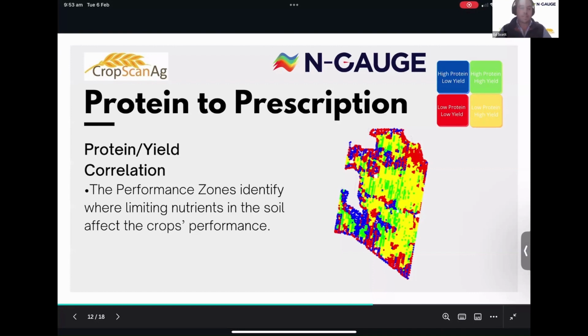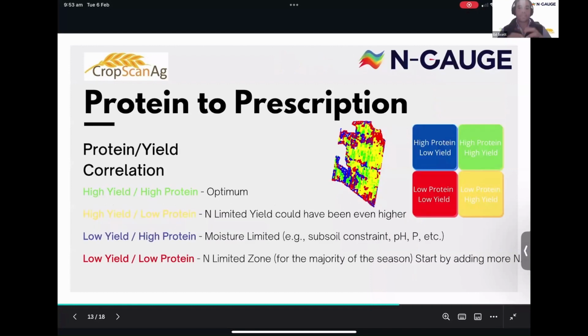So what do these colors mean when we do this correlation quadrant? Basically we've got it into 4 zones. The green zone is our target: target yield, target protein, and we can set that, and we'll run through in the Engage app how we can run this calculation. That's what we've essentially fertilized for. We've then got the high yield, low protein, which is the yellow zone.